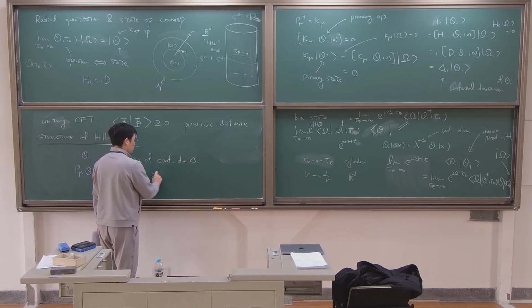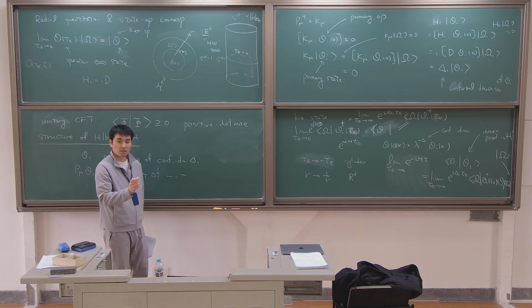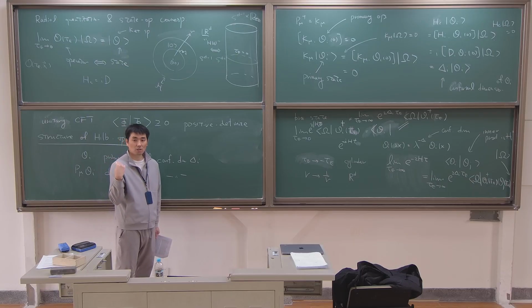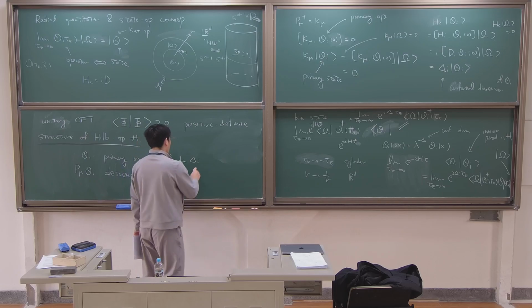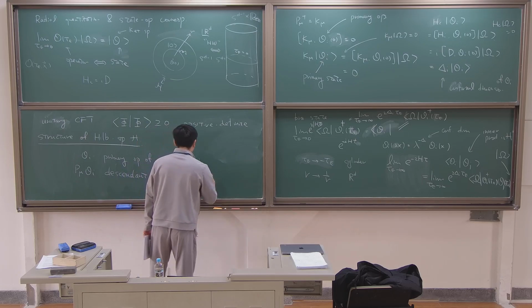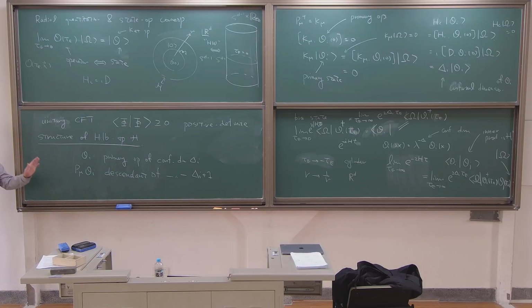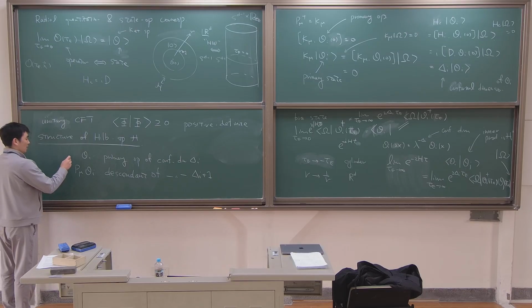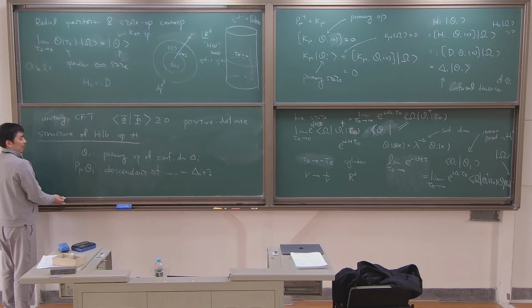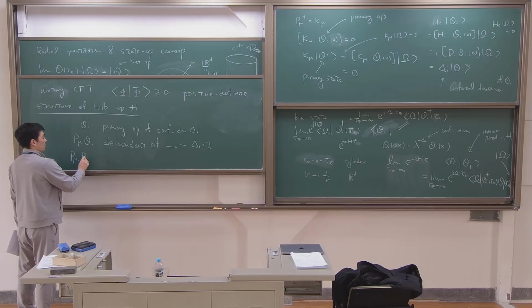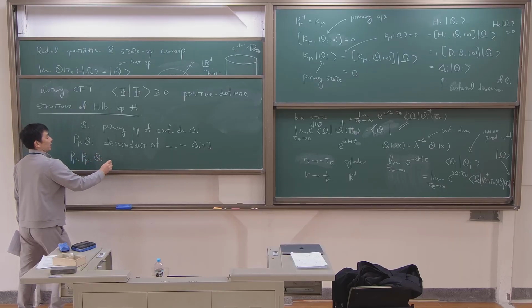What is the conformal dimension? It's delta_I plus one. If you act with P_mu many times, it just increases the conformal dimension. So you can act with many operators, P_mu1, P_mu2, on O_I, and so on.